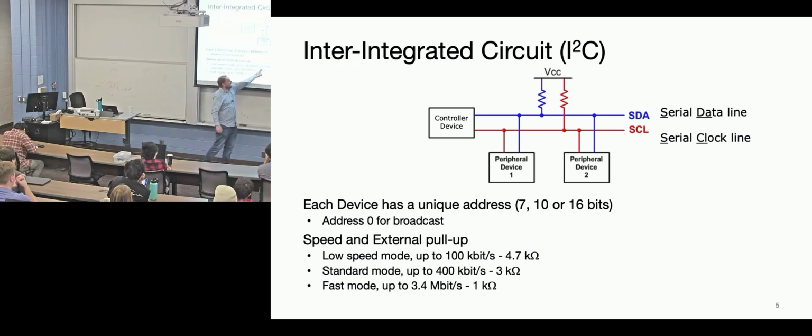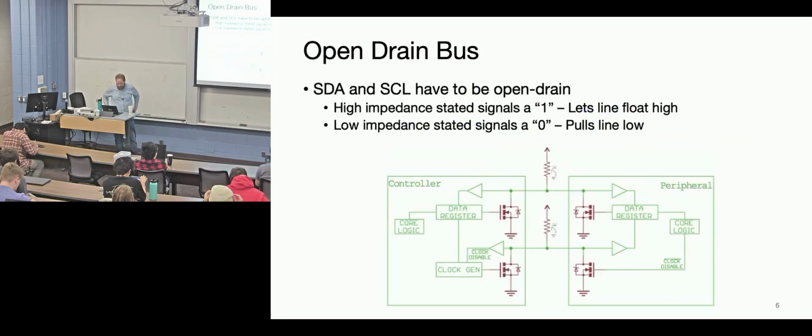The problem is now you have a trade-off with power consumption. Smaller resistors mean higher power consumption and speed. So there's this trade-off here. It also means that you might be telling it in code to go faster, and it just won't go faster. And now you'll forget that you actually have to go to your board and resolder something if you want those higher data speeds. But there are reasons for all this.